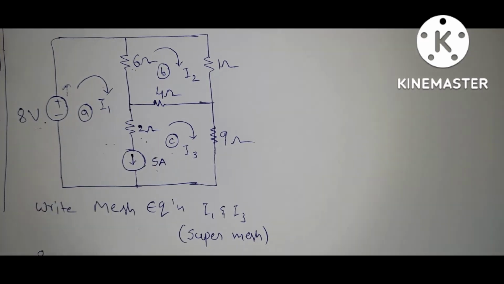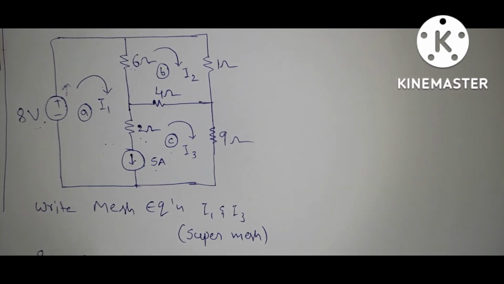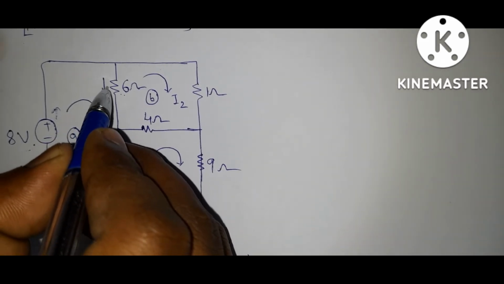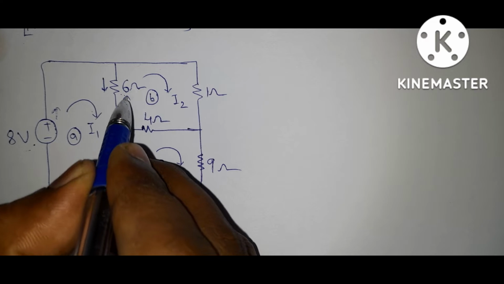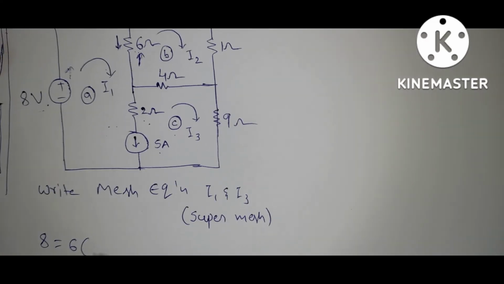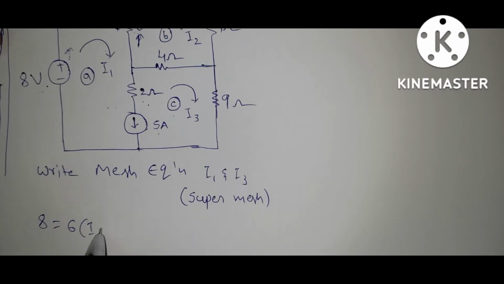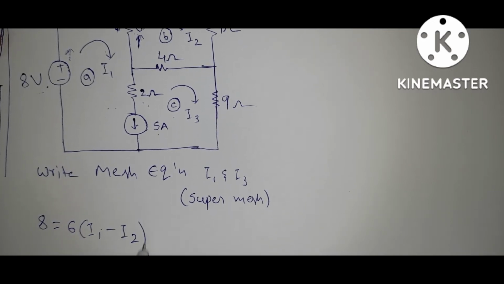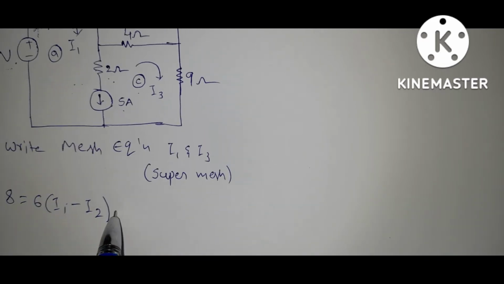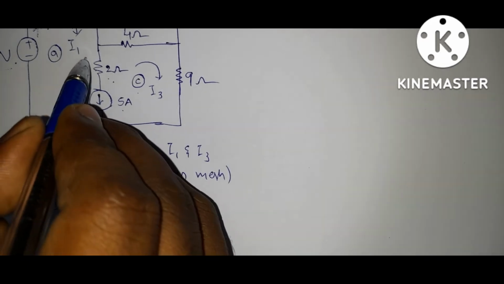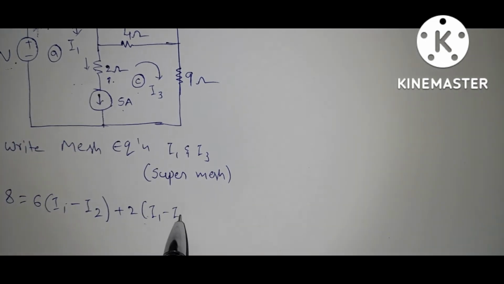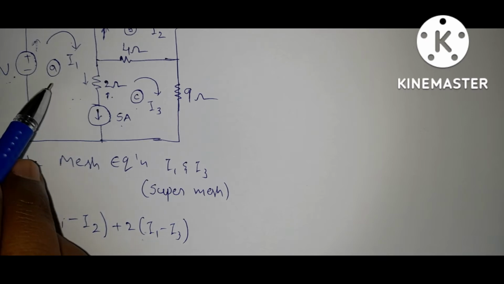For this 6 ohms, 6 into, this current is coming downwards and this is upwards, both in opposite direction. So here it is I1 minus I2. Now coming to this 2 ohms, plus 2 into I1 minus I3.